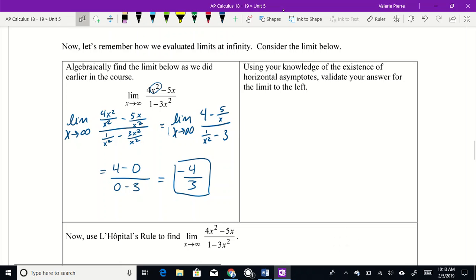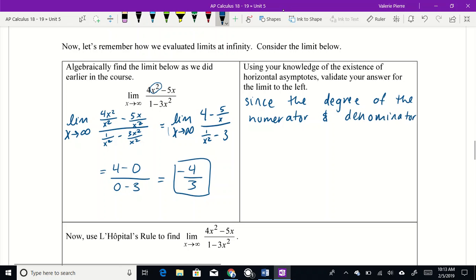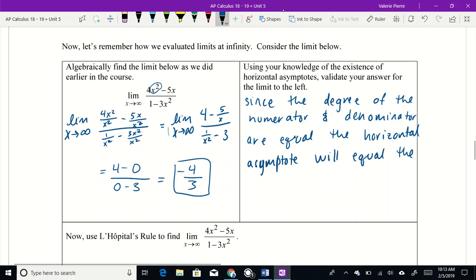So in precalculus, we learned that since the degree of the numerator and denominator are equal, the horizontal asymptote will equal their coefficients.